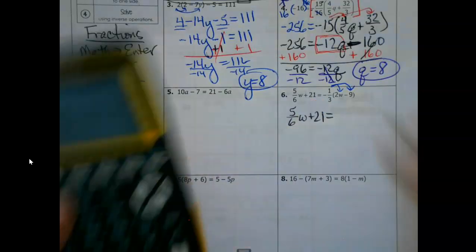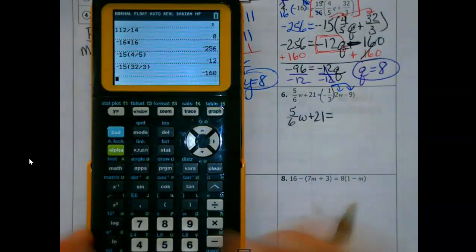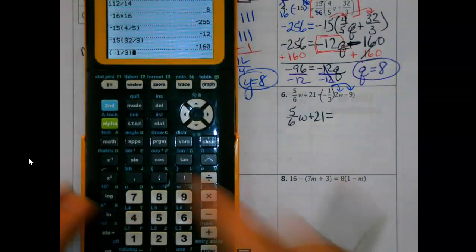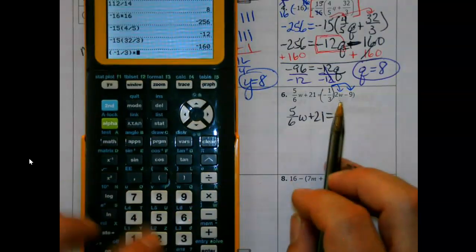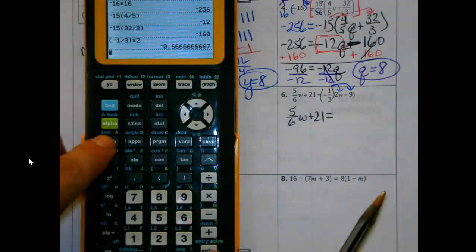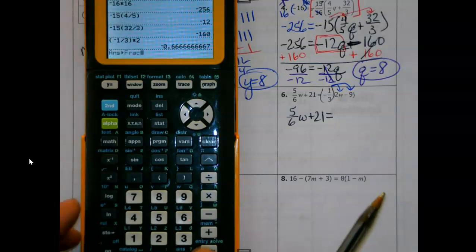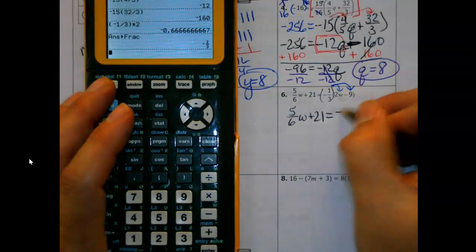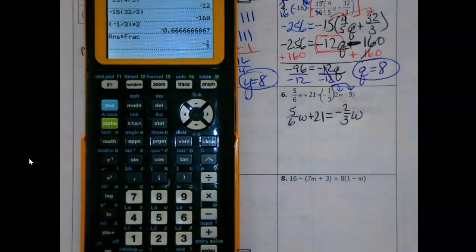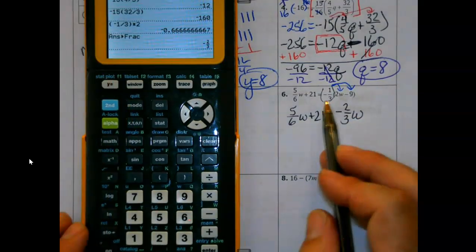So again, when I'm going to multiply with fractions, we're going to use parentheses. So -1/3 times 2. Oh, I don't like decimals. Math, enter, enter. All right. So negative 2/3 W. Lots of little detail stuff today.